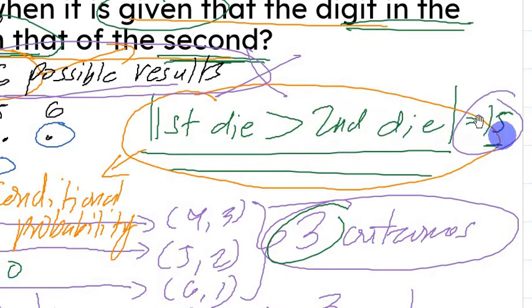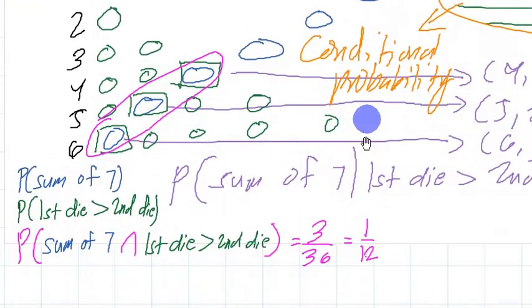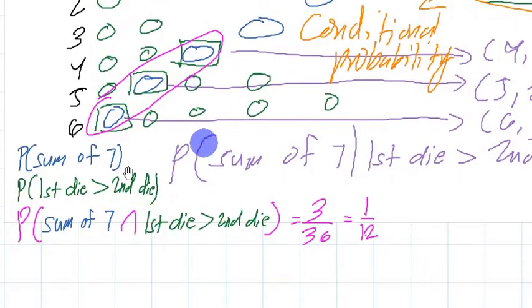And we know that there are 15 cases of those as seen here. So if we will take note of that, the probability that the digit of the first die is greater than the digit of the second die would be actually 15 out of 36, or 5 out of 12 chances.